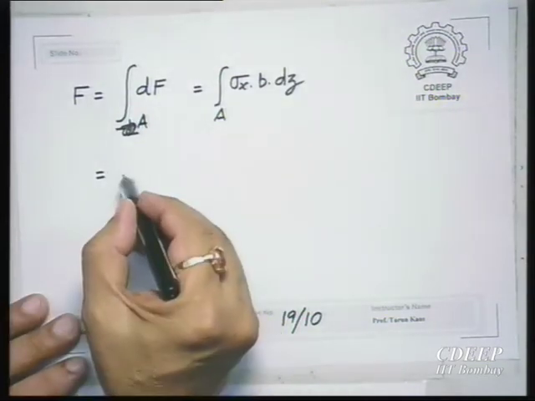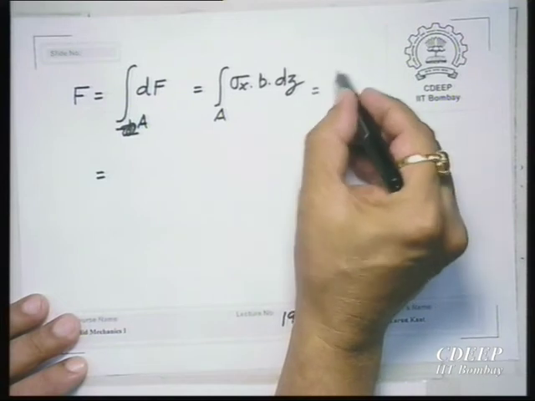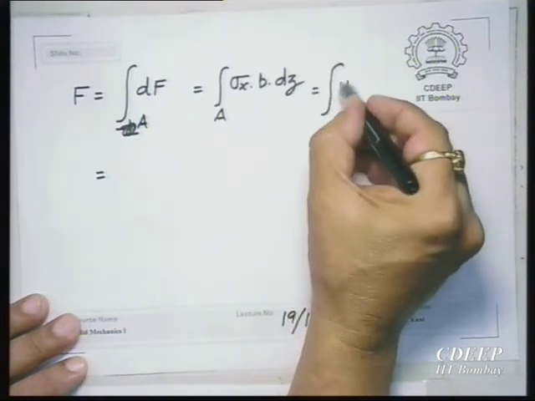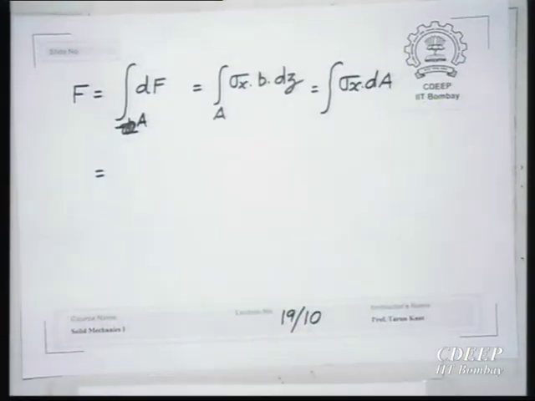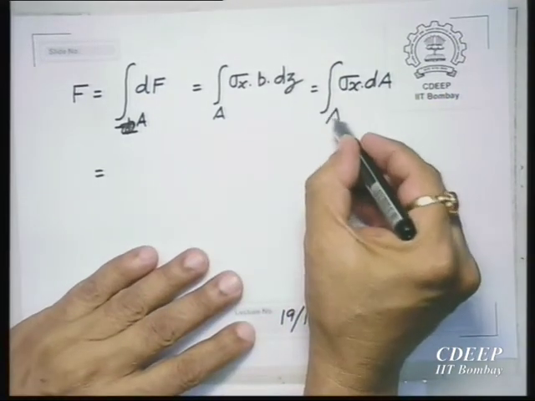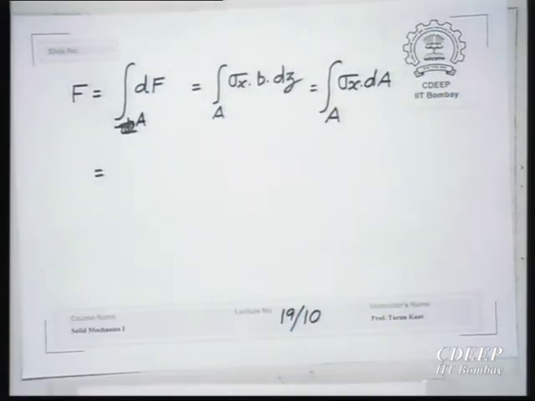Is it okay? So, F is the net force on the cross section. Now, in the original problem, is there any net force on the cross section? Which problem did we start with? We said the cross section is subjected to only a bending moment.